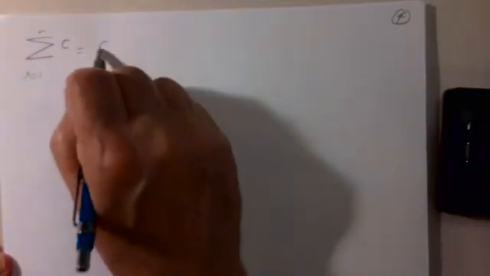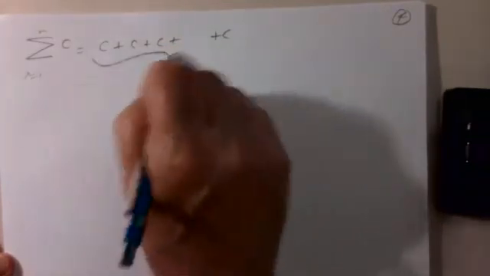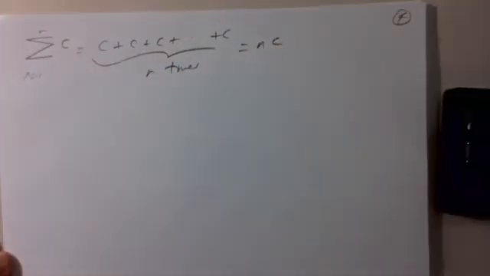Suppose we have a number c, and if we write the summation of c, i goes from 1 up to n, every term of the sequence is c. This means c plus c plus c up to c, n times. That's n times c.